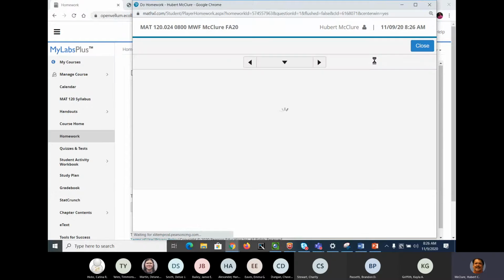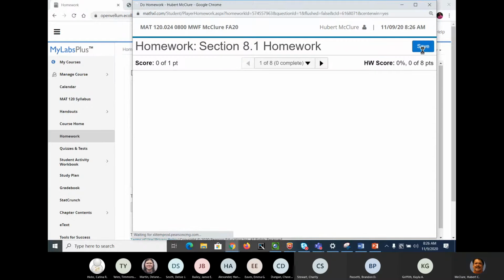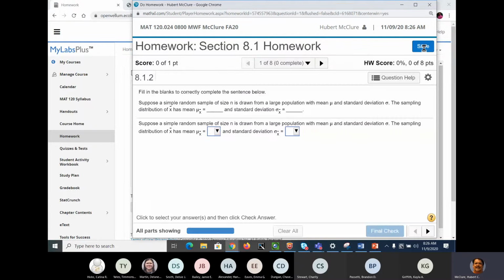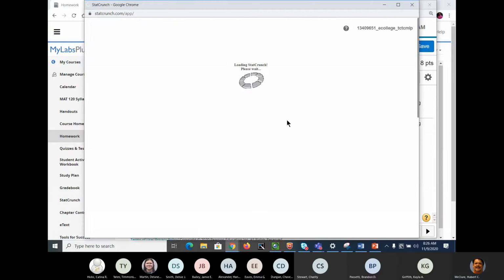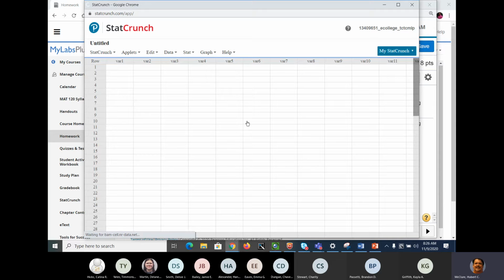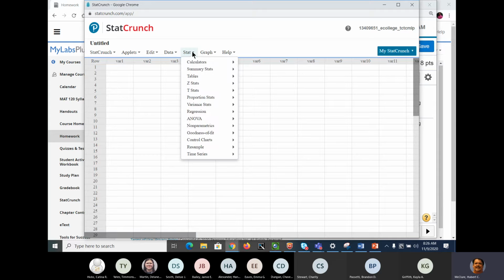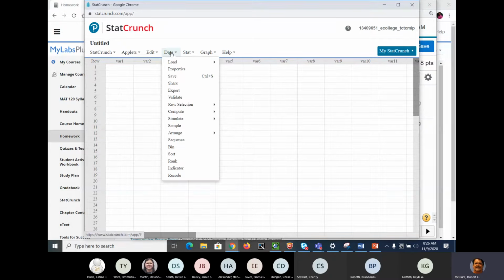And if it will work. I don't even know if I can remember how to do it. But anyway, let me see if I can find Simulate. And we can do Bernoulli.